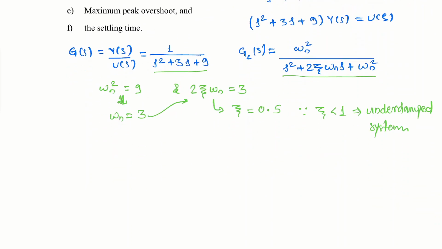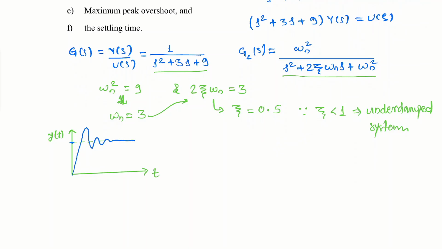So what is an underdamped system? An underdamped system will have a response something like this, say time and y of t. So if you give a step input and it is supposed to reach here, then an underdamped system's response would be something like this, which is oscillatory in nature, and it eventually will try to settle down at the given input value here.